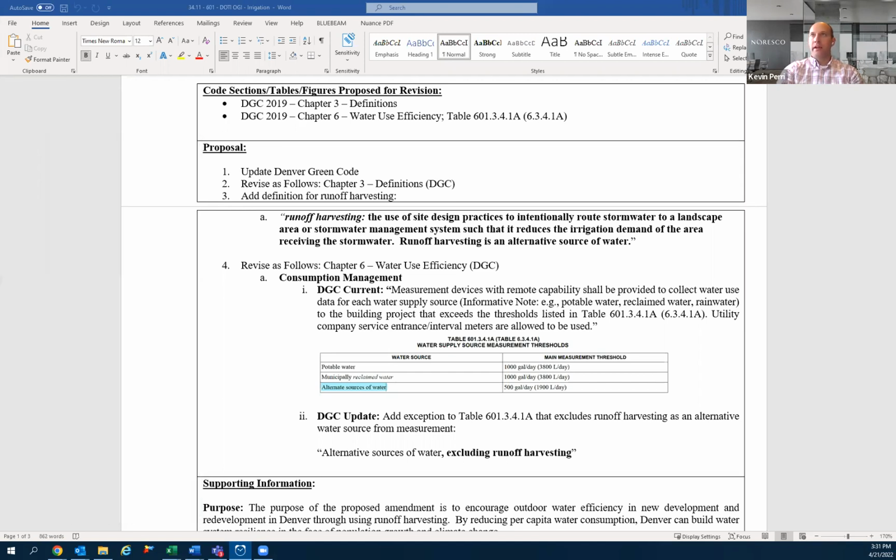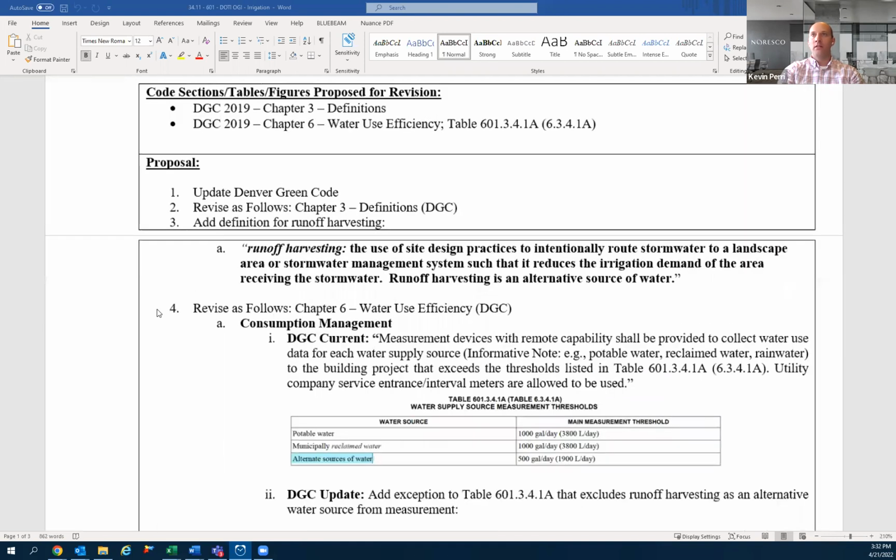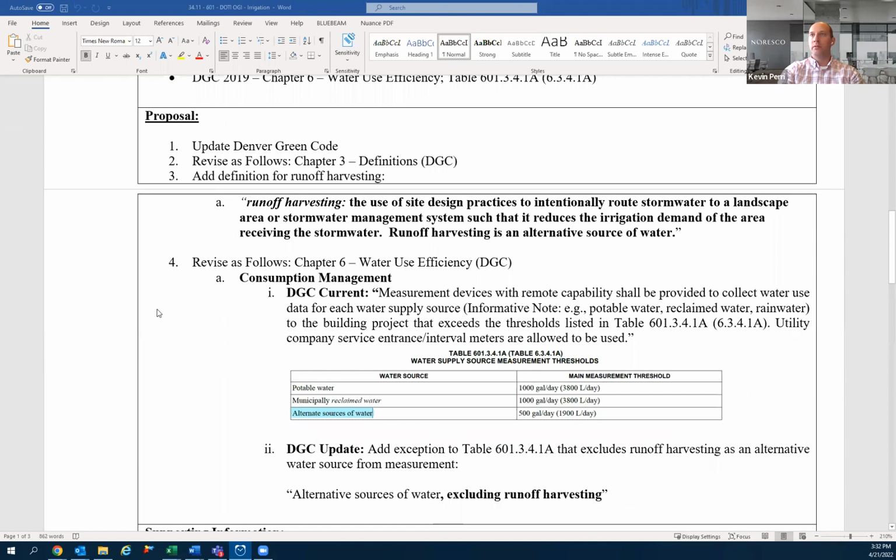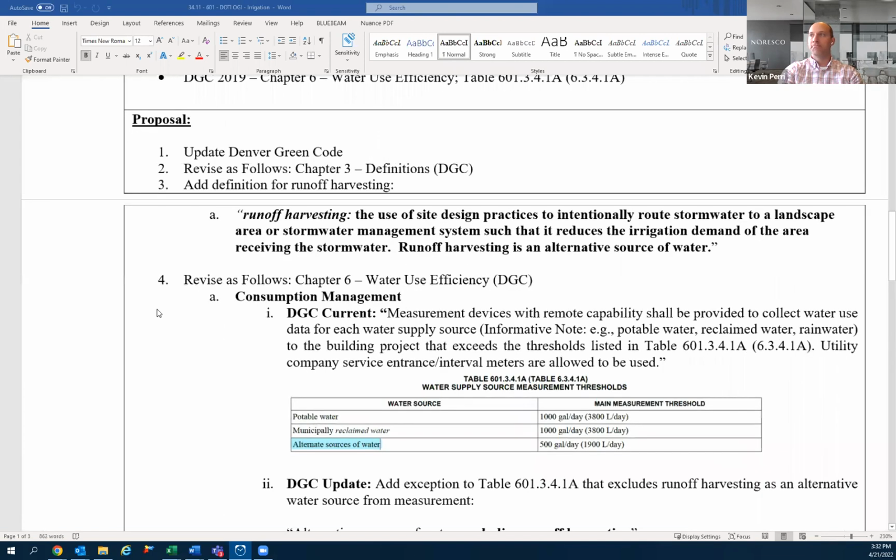We are at our next item of business. That's 34.11 as shown on the screen. Callan, this one is also yours. Do you mind giving us a brief summary of this one?